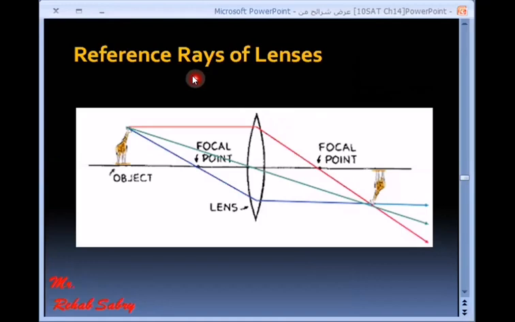We have three cases of the lens, like the three cases of the mirror. The first one is this one.